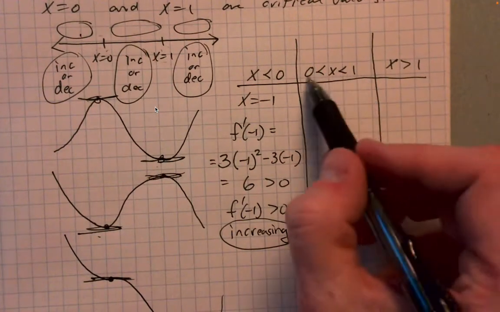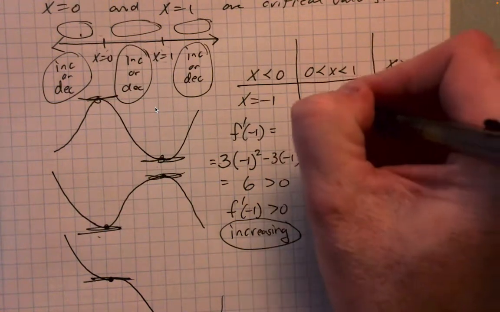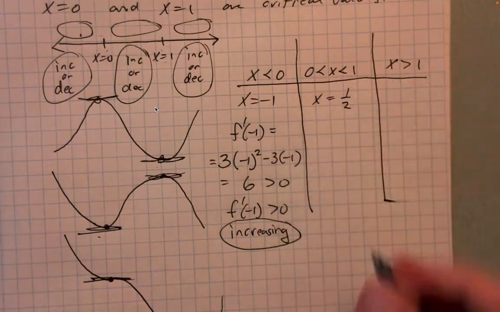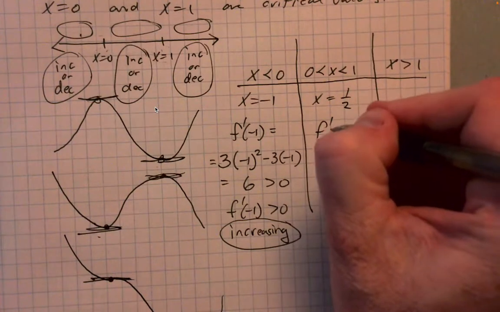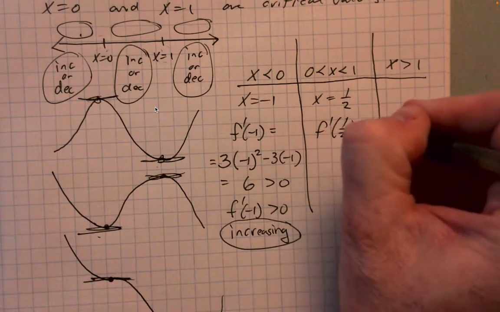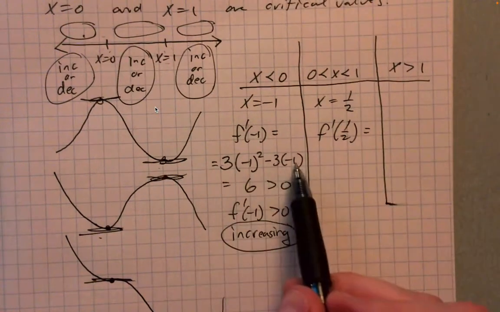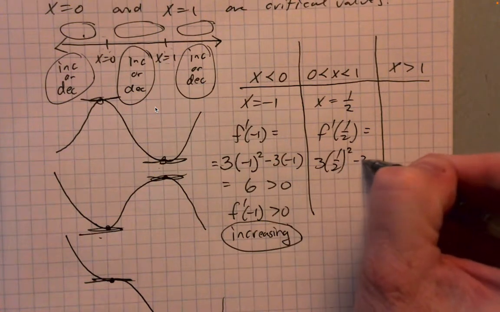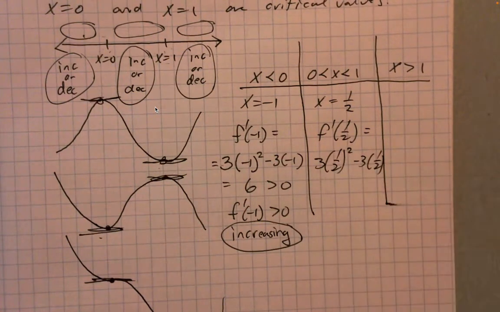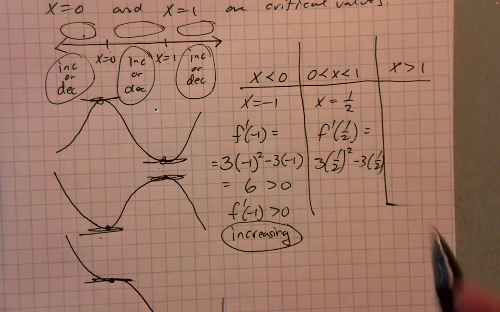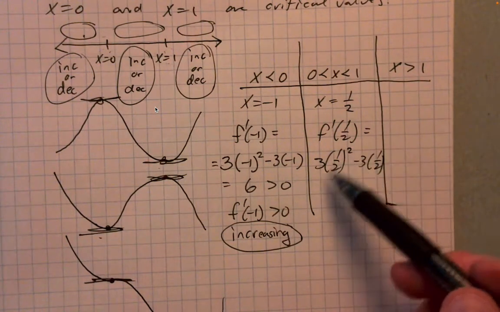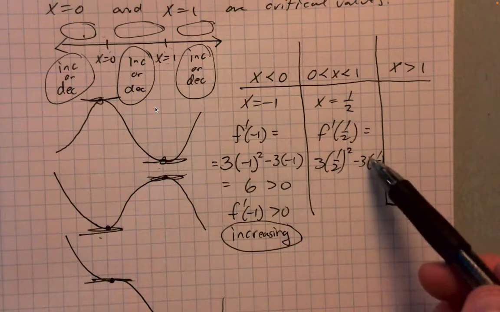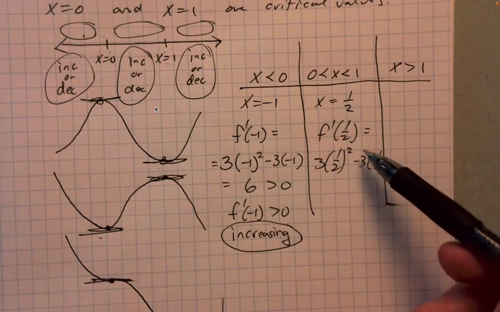What about in this section here? Well, let's find a nice x between 0 and 1. I guess the best we can do is probably x equals 1/2. So f prime of 1/2, and again, plugging in all these quantities, 3 times 1/2 squared minus 3 times 1/2. When you crank through all of these numbers, you get 3/4 minus 3/2.